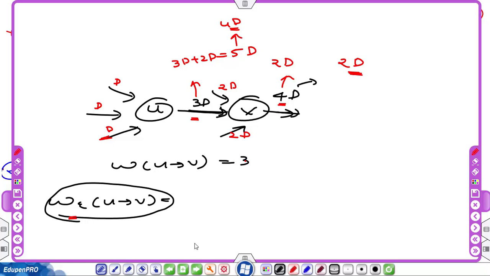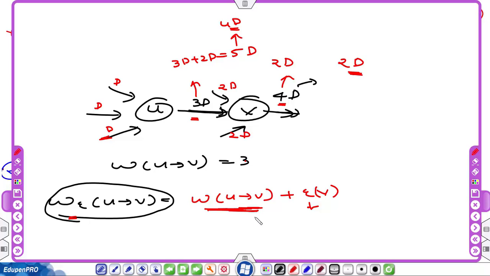WRV. How can we define the new weight? WRV is the initial weight before performing retiming, plus RV, the number of delay elements that will be transferred from the outgoing edge to the incoming edge. So this much amount will be added to the previous weight.